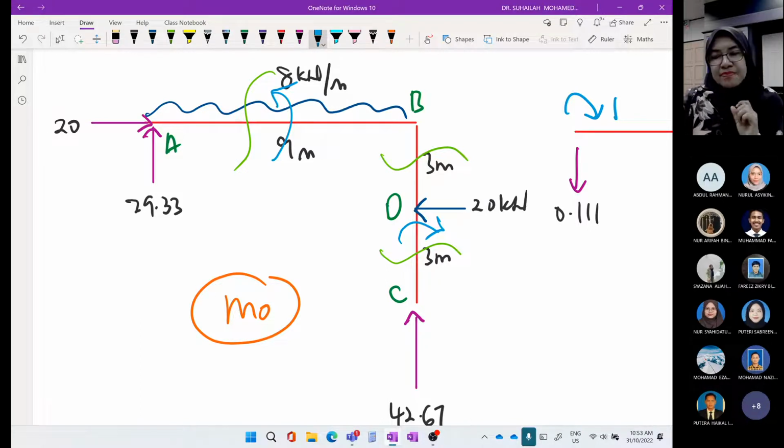Okay, and for DB, we can choose C as origin. We can choose D as origin, but remember the tips that I mentioned in the last session. If you choose C as origin for DB, the limit will be 3 to 6.